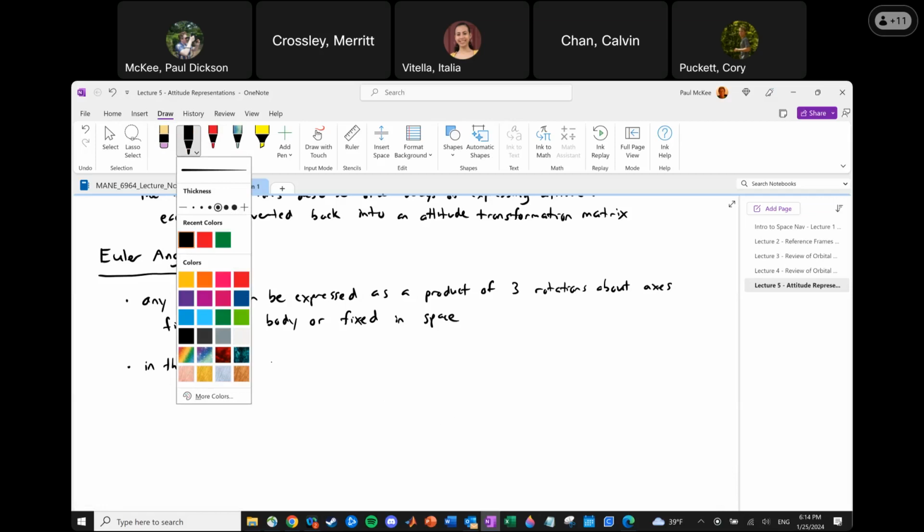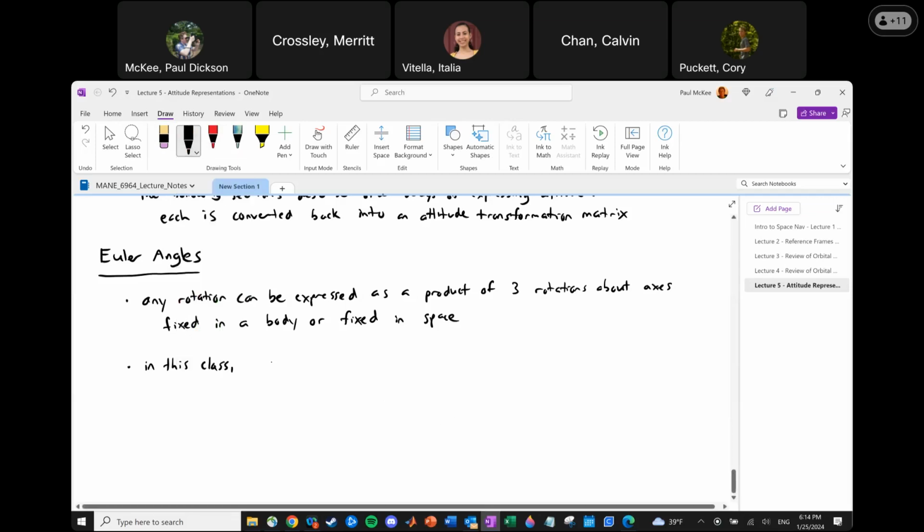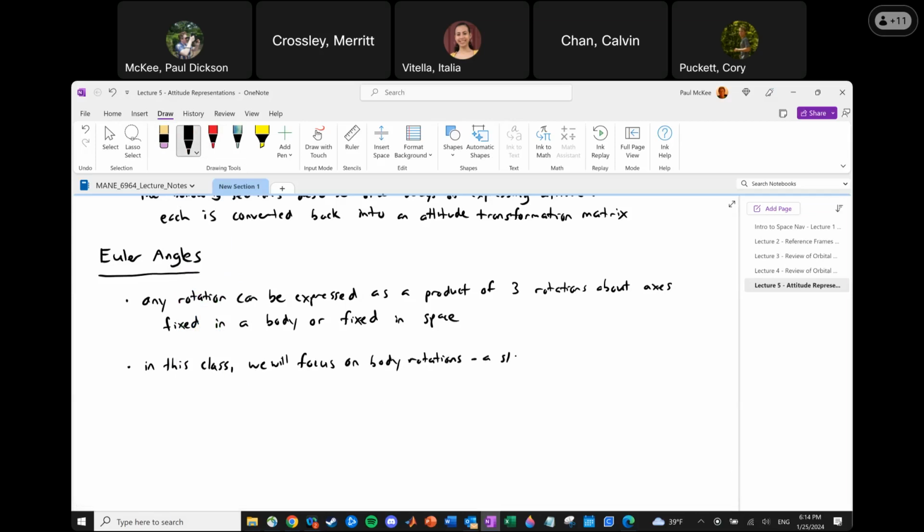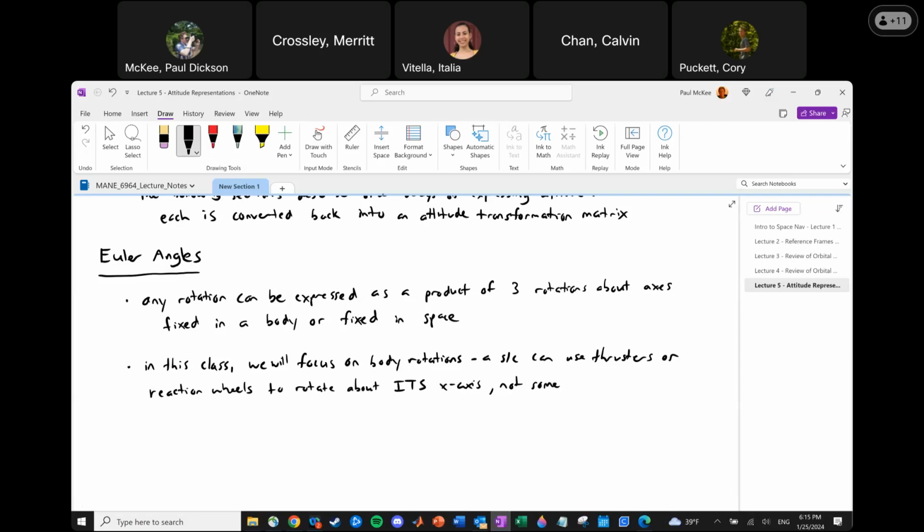So we will focus, go away please, there we go. In this class, we will focus on body rotations, because a spacecraft can use thrusters or reaction wheels, what have you, to rotate about its x-axis, not some world x-axis.